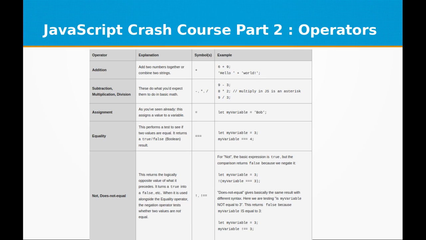Then we have the equality operator. This performs a test to see if two values are equal. It returns a true or false boolean result, and it is written as triple equals. For example, we have a variable, let myVariable equals 3, and now we want to compare the value stored in myVariable, which is 3, with 4. It should return false because 3 is not equal to 4.